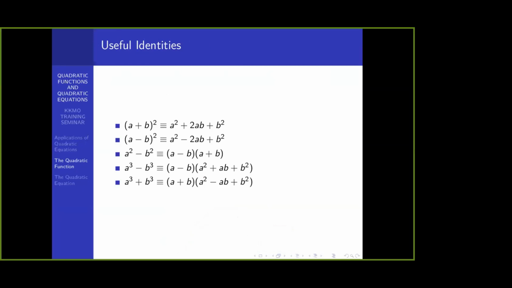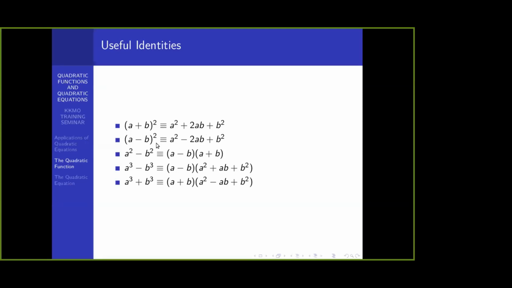So here are some useful identities which we will find useful as we go along. Some of them should be familiar. The first one is just the square of the sum of two numbers. So a plus b squared is given by a squared plus 2ab plus b squared.